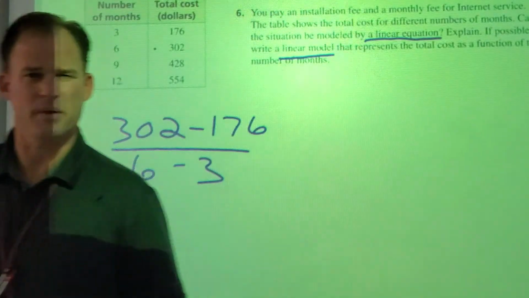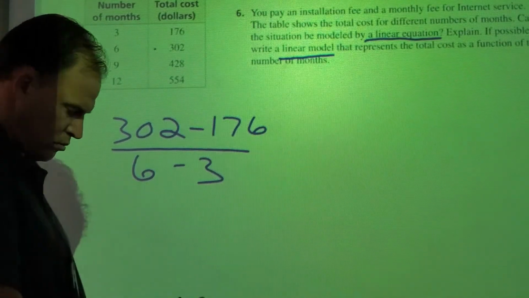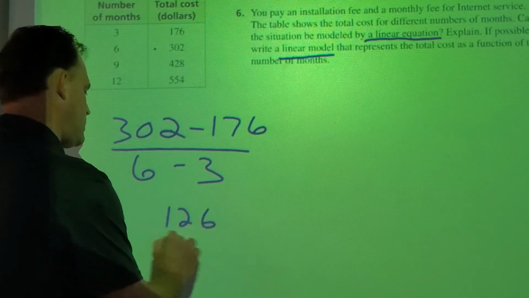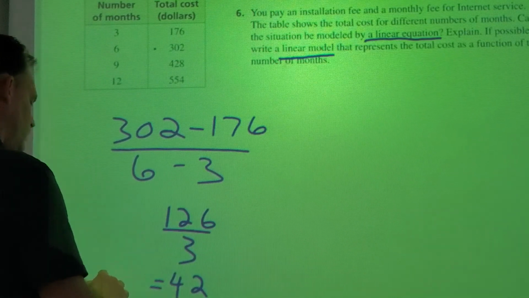I'm going to grab a calculator. This one's kind of big. So this is 126 over 3. Divide that, I get 42.